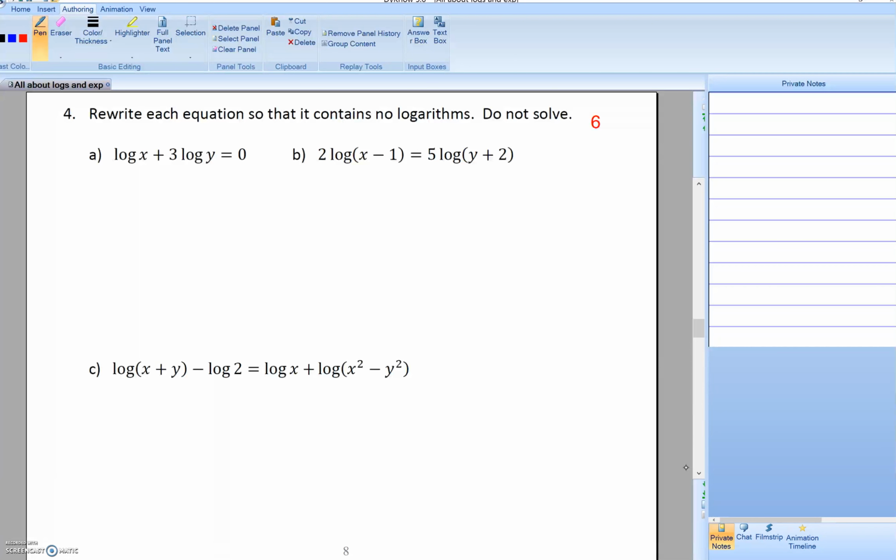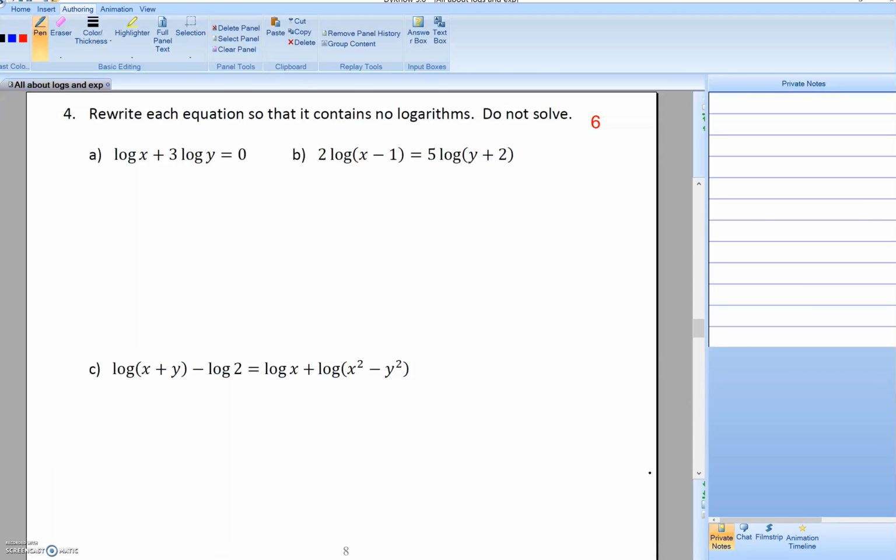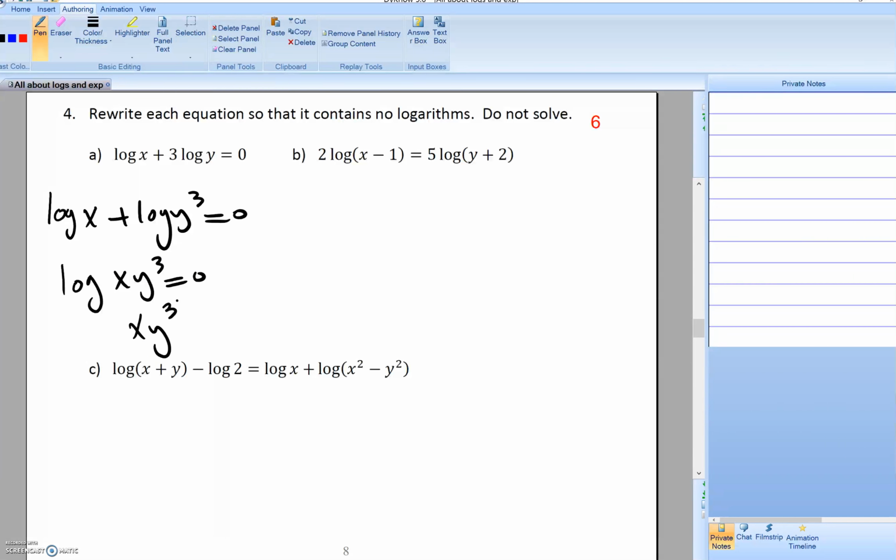So here I don't want to see any log. Okay, so that means I have to do all these steps I do in number 5, and then at the end I have to do 10 power, which is the inverse function. So for example here, it is log x plus log y power 3 equals 0, and then I change it to log of x y cubed equals 0, and then I say x y cubed is 10 power 0, which is 1.